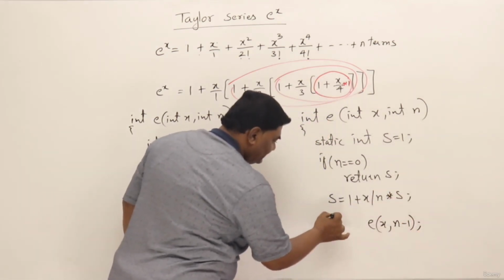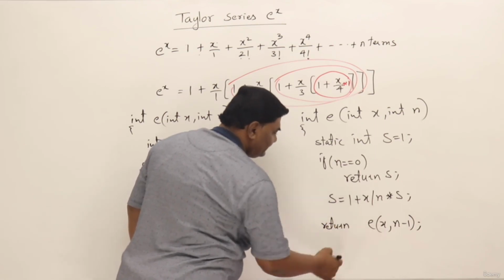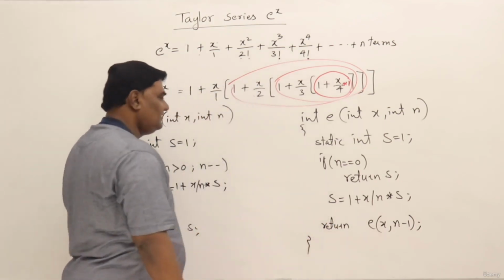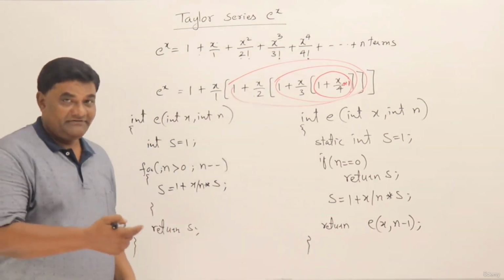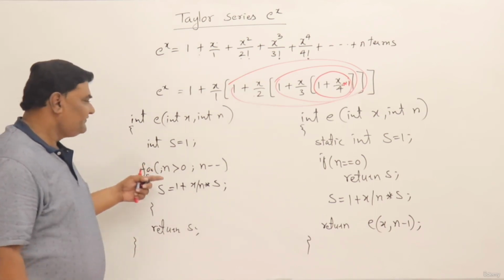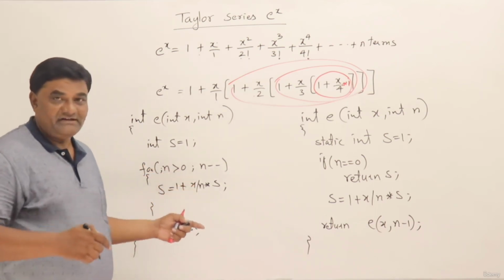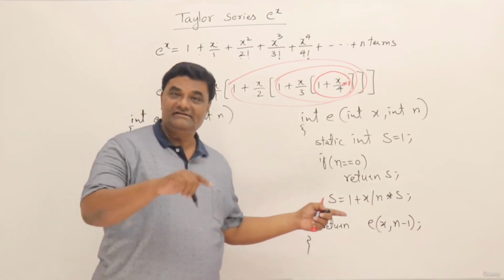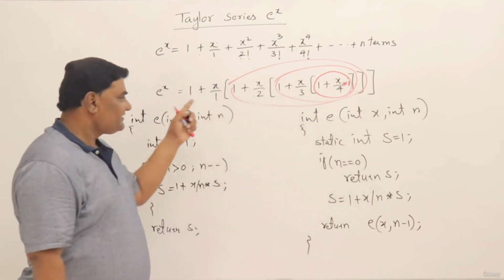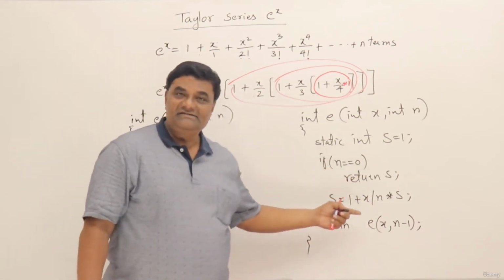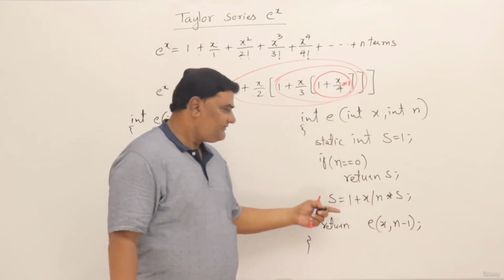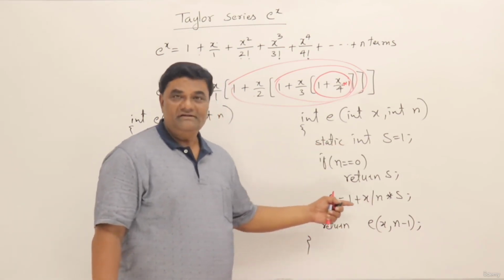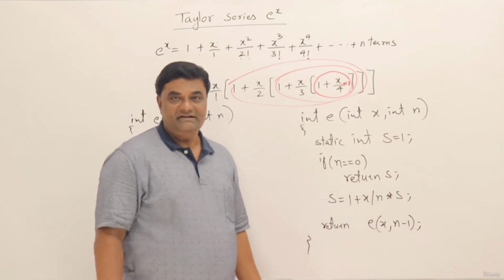And here I should write a return statement. That's all. We have already discussed in our previous lectures that loops have just ascending, there is no descending, but recursion has ascending and descending. But this procedure can be performed only in ascending. So I have taken a static variable and I am storing the result in that one at calling time itself.